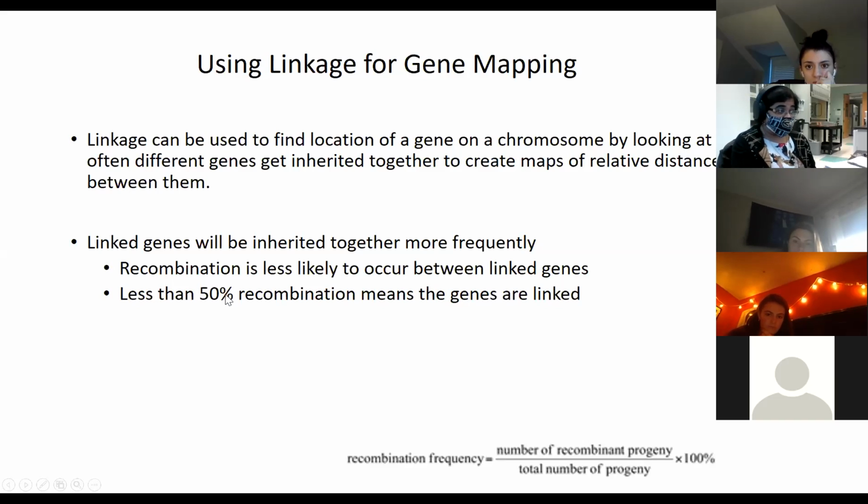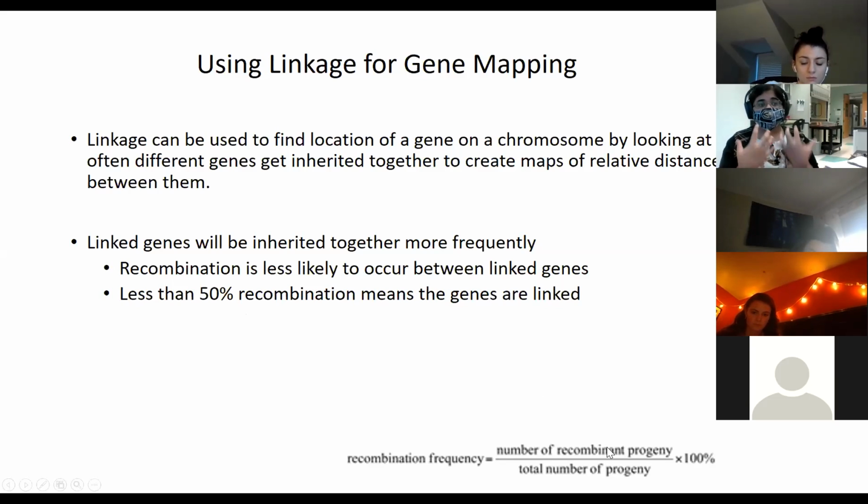If it's anything over 50%, they will independently assort because they are not linked, okay? So this is how you would calculate the recombination frequency. It's the number of recombinant progeny over the total number, so it's the percentage of recombinants.